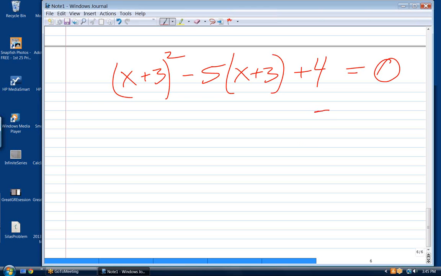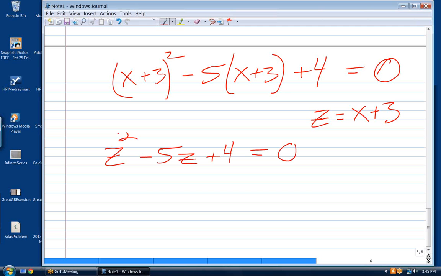Then x plus 3 would be equal to z. And you substitute that in, so you get z squared minus 5z plus 4 equals 0.